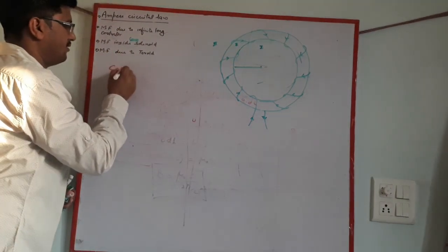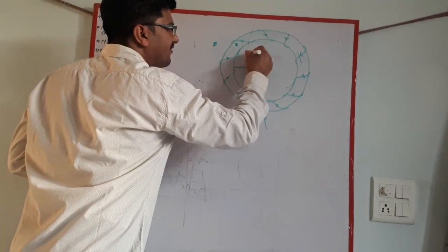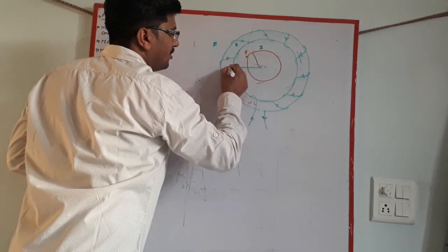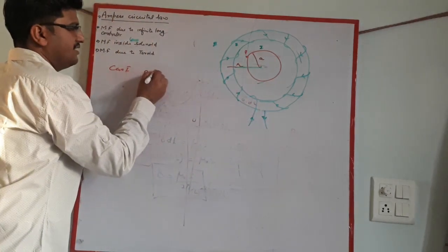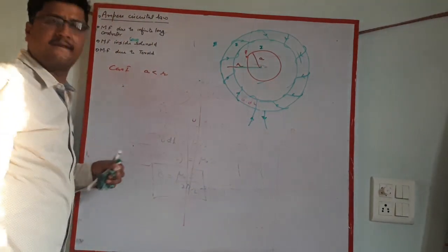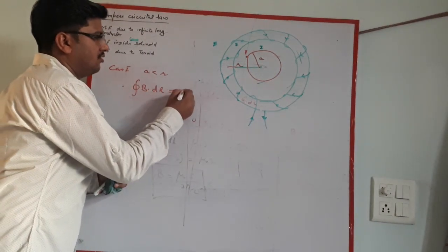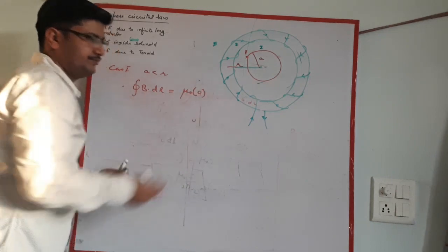So case 1, if the point P lies here inside the free space, with the empirical loop of radius a, and the toroid has radius r. If a is less than r, then the line integral of B dot dl is equal to mu naught into 0.